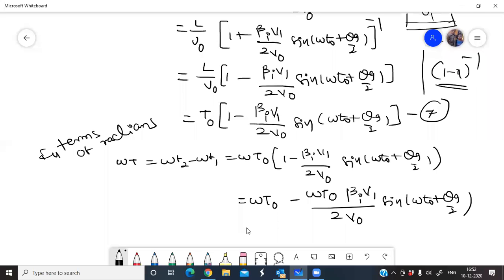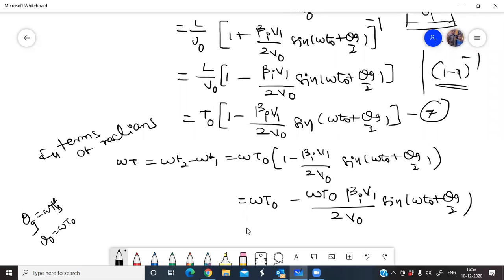Now tell me one more thing. What is theta g? Yesterday in class I told that theta g is the transit angle. What is the formula for this? Yesterday I told omega tau, where tau is the transit time. But here t is the transit time, so you can write omega t, or theta naught equal to omega t naught.